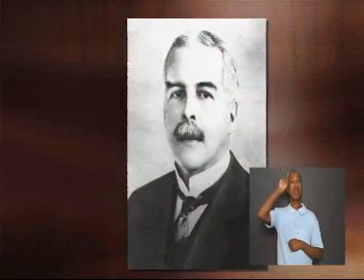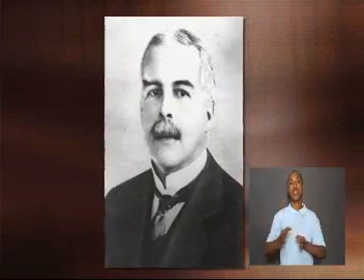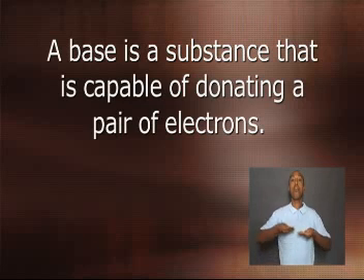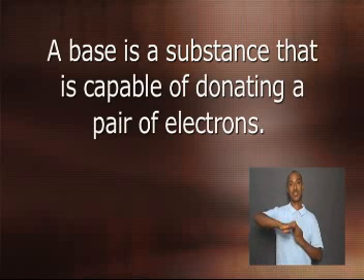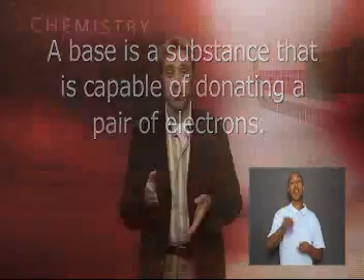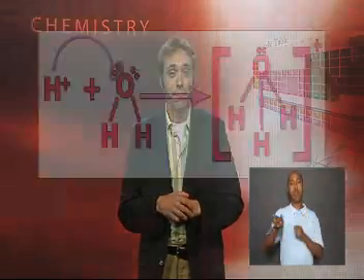Gilbert Newton Lewis produced a more general definition of bases. He stated that a base is a substance that is capable of donating a pair of electrons. Thus, bases are electron pair donors. Therefore, the Bronsted-Lowry bases are also Lewis bases because in order for them to accept a proton, they should have a lone pair.